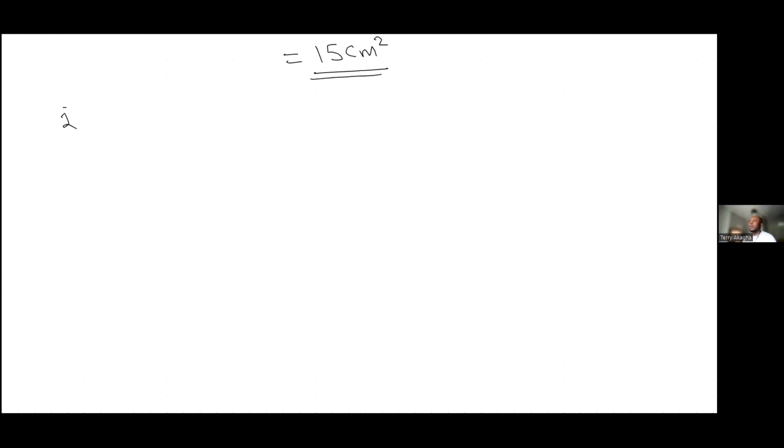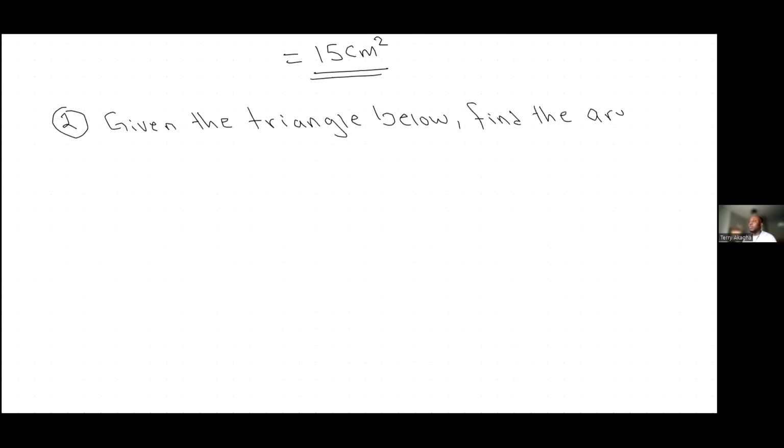So we're saying, given the triangle below, find the area. So we have 3 centimeter, 8 centimeter.